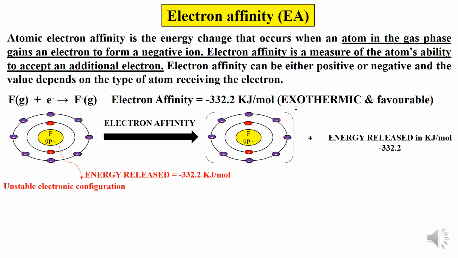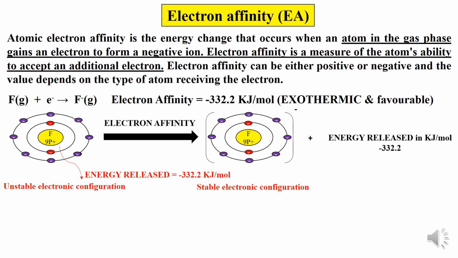It is favorable because after the reaction, the unstable electronic configuration of fluorine has changed into a stable electronic configuration. That is to say, after the fluorine atom has accepted an electron, its stability has increased. So the unstable electronic configuration of fluorine is converted to a stable electronic configuration after the fluorine atom accepts an electron.